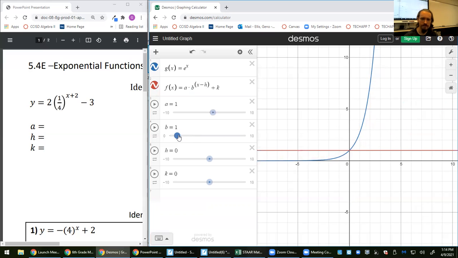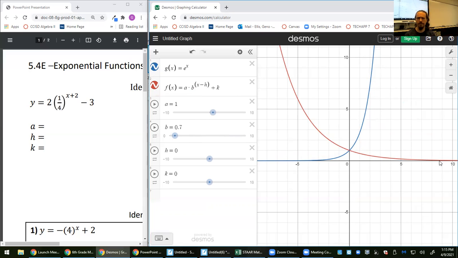At 1, it stops being exponential at all, because 1 to any power is just 1. But then what happens? We have a fractional answer, and you see that instead of growing, now it's an exponential decay, where the values actually get smaller.